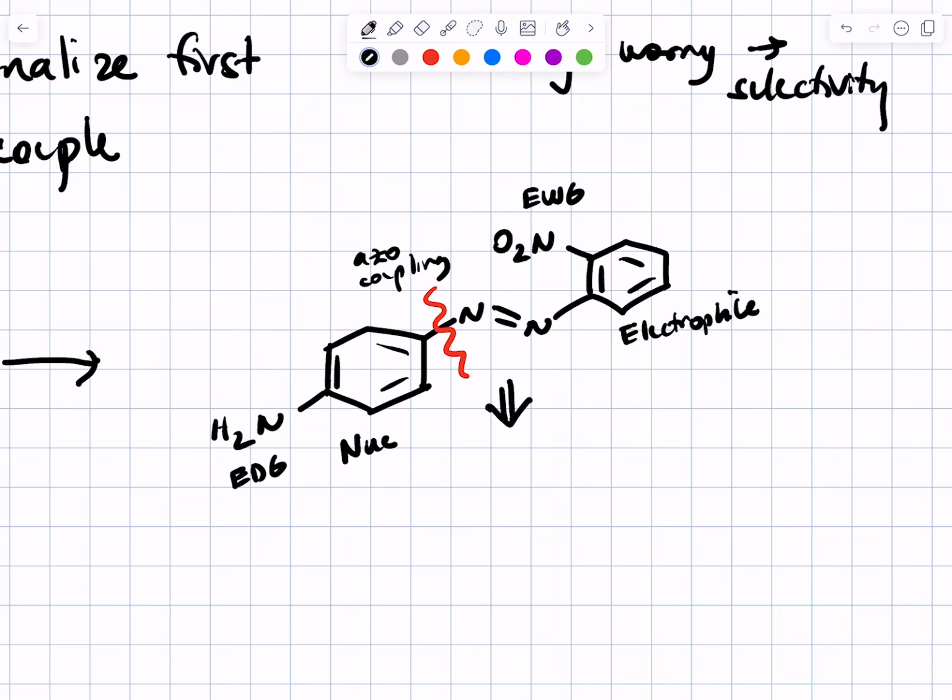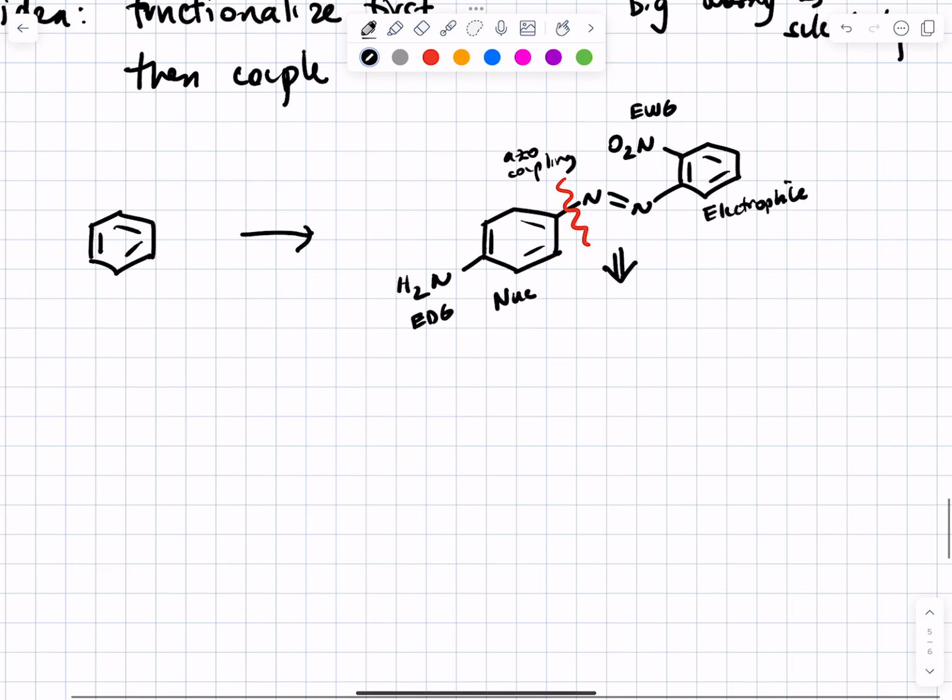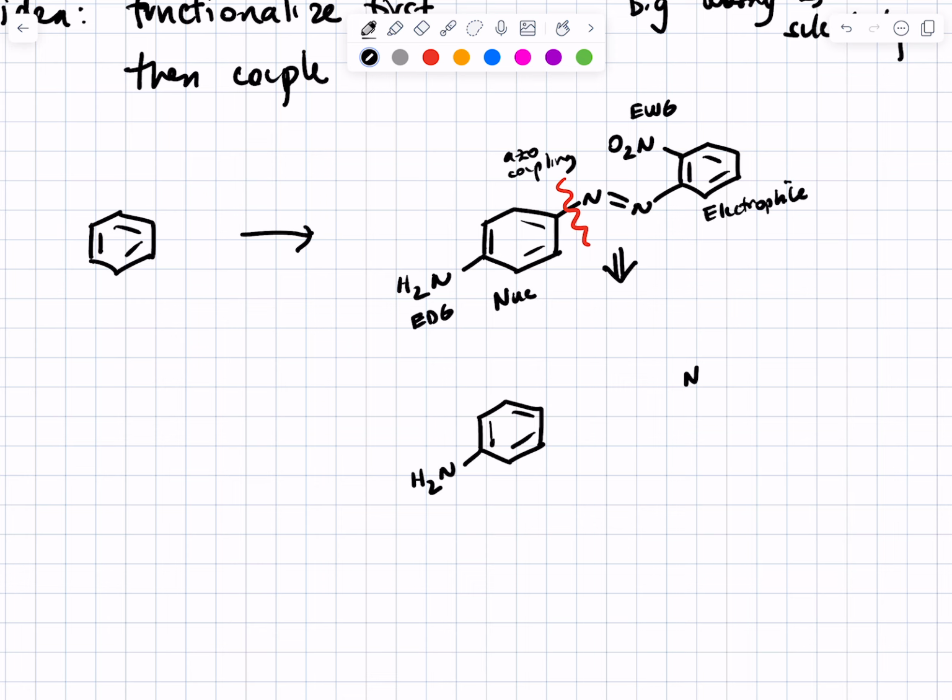Meaning, if I think backwards one retrosynthetic step, my nucleophile on the left-hand side is simply going to be the aminobenzene or the aniline, and my electrophile is going to be this diazonium compound. And again, I'm choosing that deliberately because I want the electrophile to be electron poor. Okay, you see that choice?